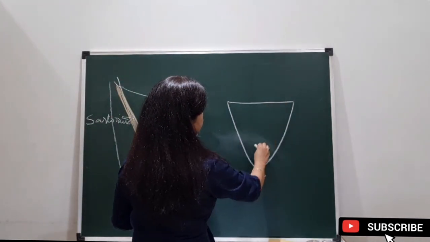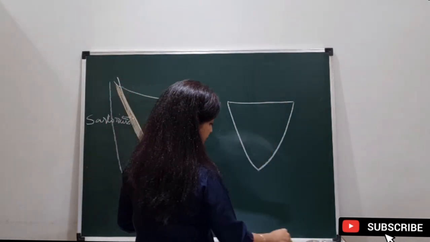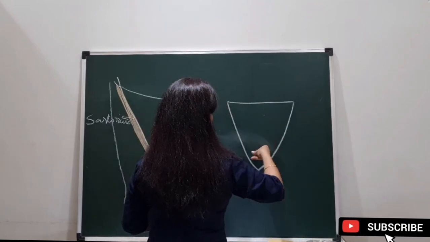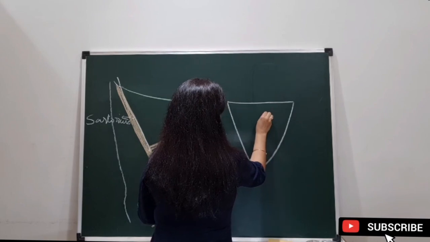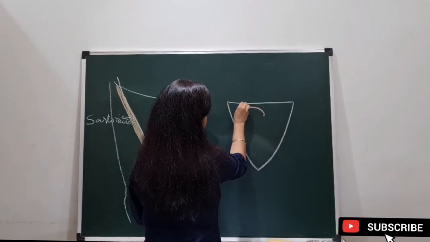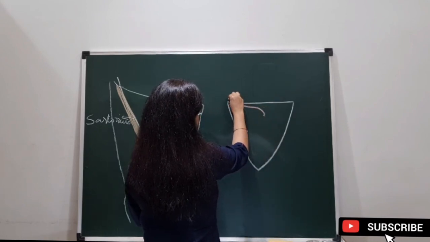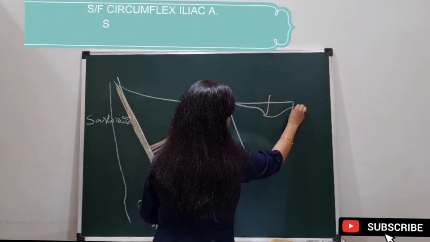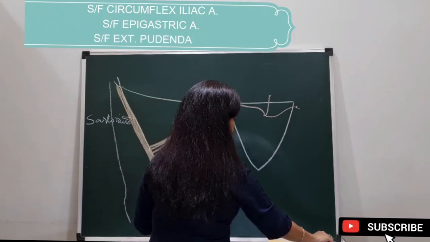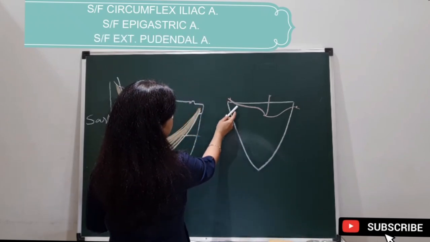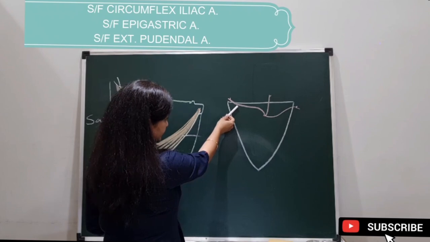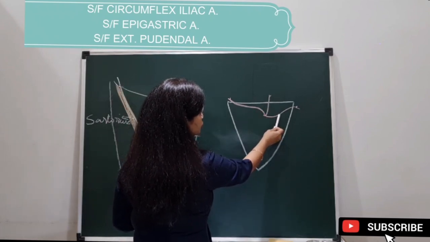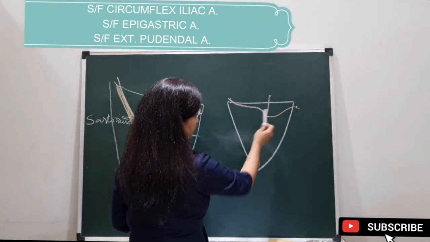Once we remove the skin of this area, we come across the three superficial branches of the femoral artery, that is the superficial circumflex iliac artery, the superficial epigastric artery, and the superficial external pudendal artery.